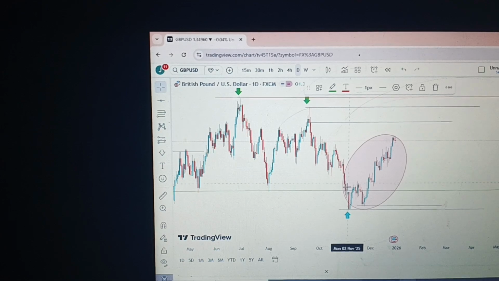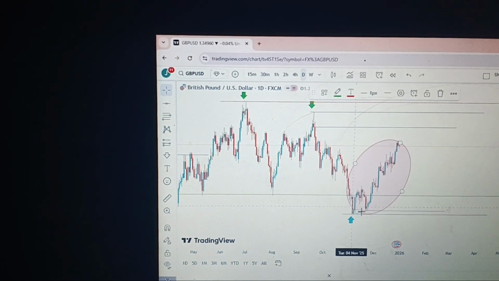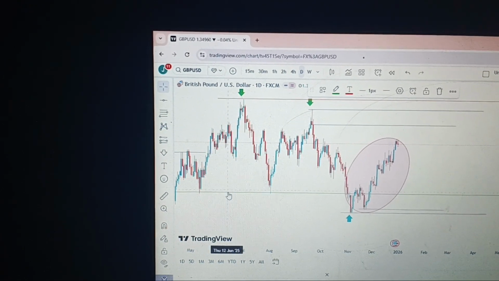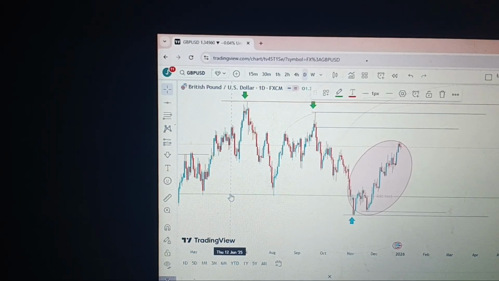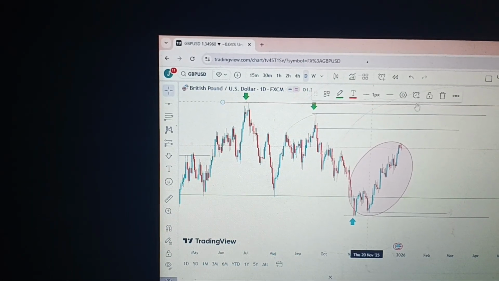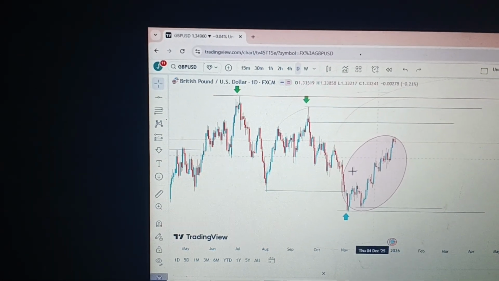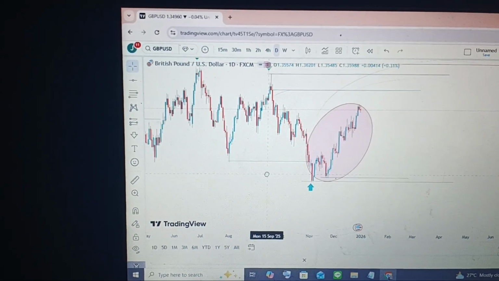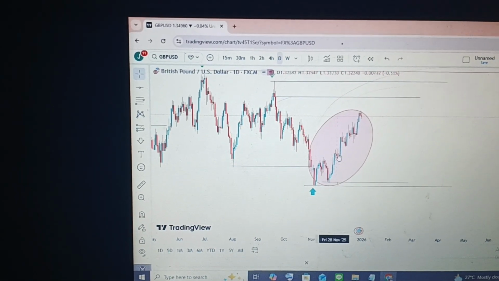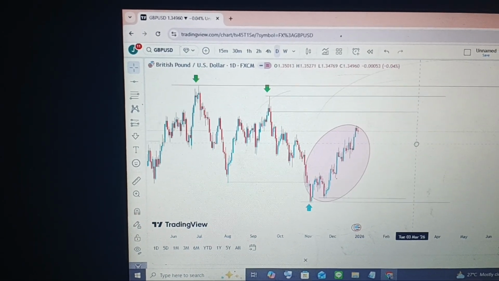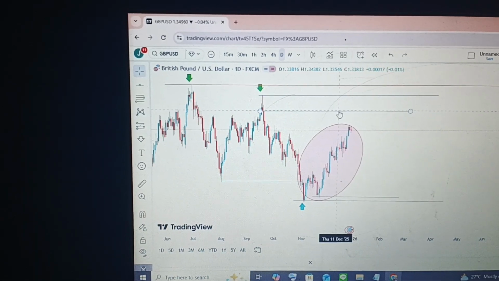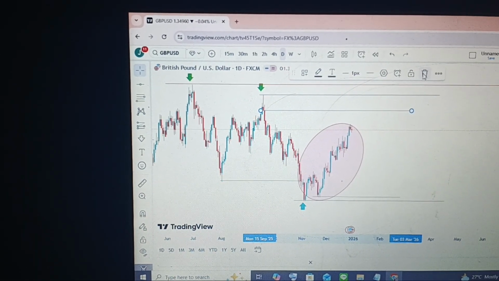But this one breaks below to form its own pattern. Now syncing this with our previous knowledge is creating a new pattern. Let me remove this here, I'm mapping the demand level.